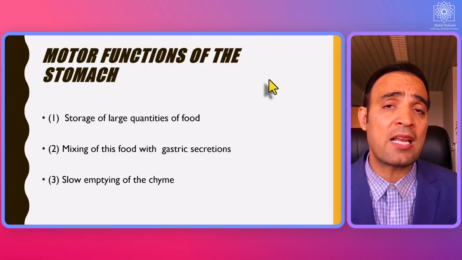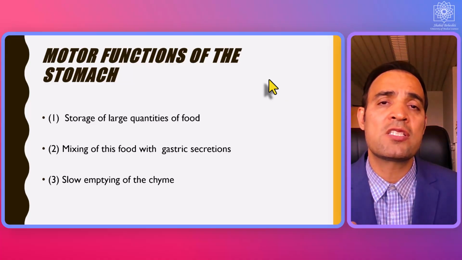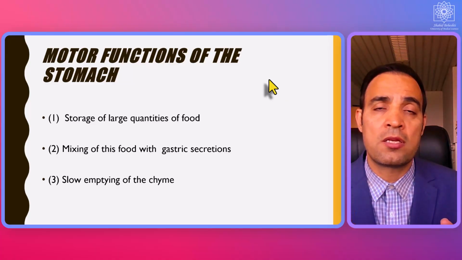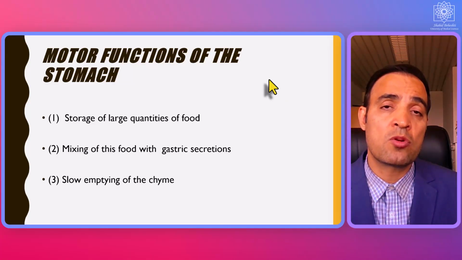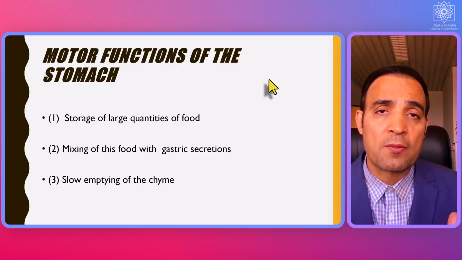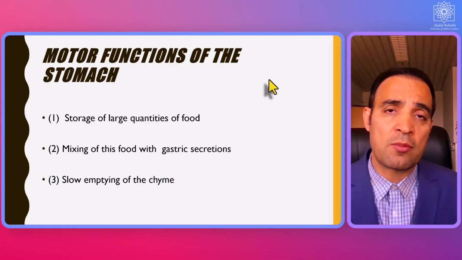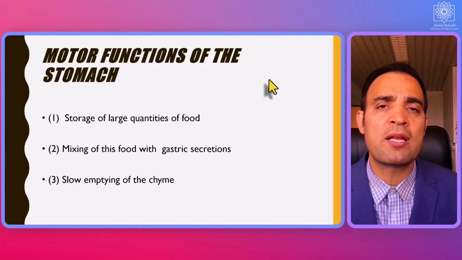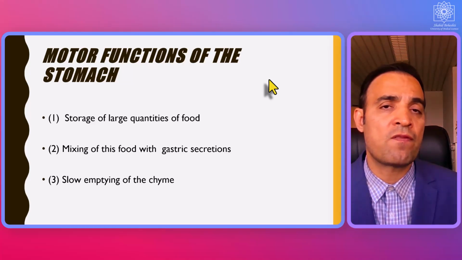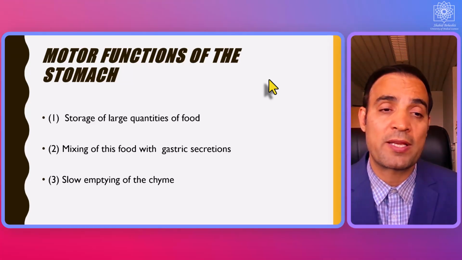In other animals sometimes this function is even more potent to provide food for a longer period of time. But for humans, it is one of the motor functions of the stomach.